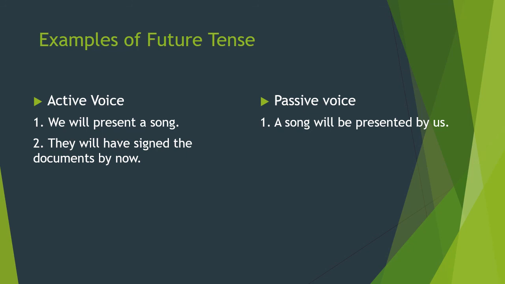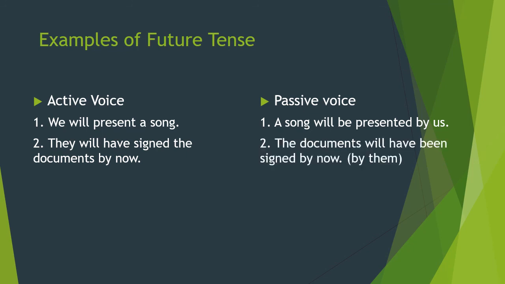Now how to change into passive? Object and the subject you need to exchange. Object is the documents, so the passive voice will begin with the documents. And verb will change into will have been signed. And the object will be by them. So how will the passive voice become?